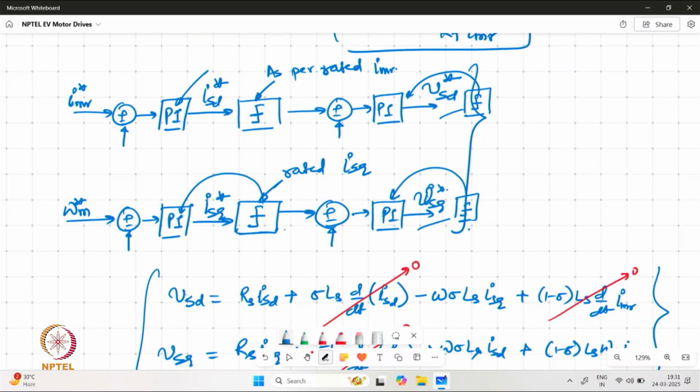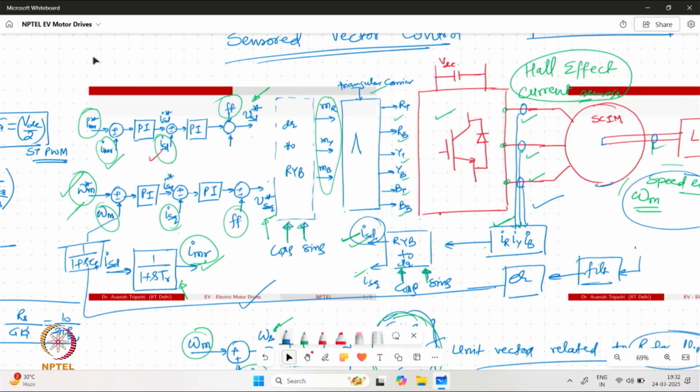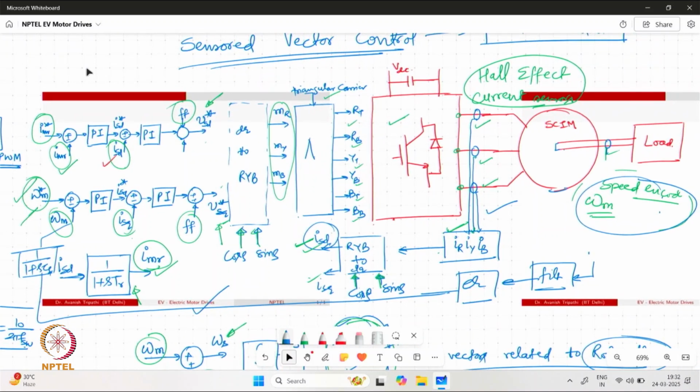So overall, in this whole process, we are able to achieve the control of the squirrel cage induction machine, where we find that the measurement of current is an essential component. The measurement of voltage may sometimes be available, or it can also be estimated on the basis of the modulating signal and the converter model, the inverter model of the system.